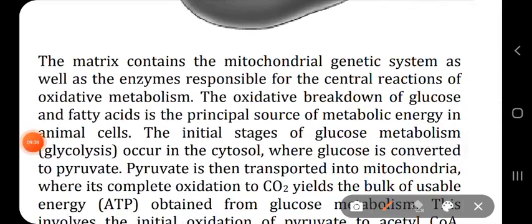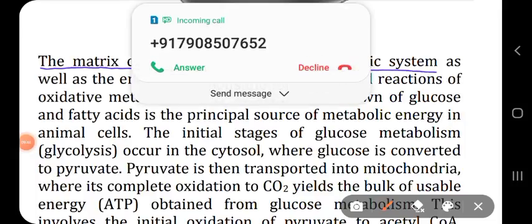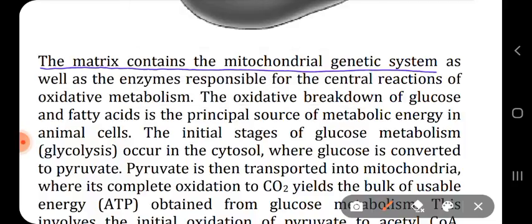So it is saying here that the matrix contain the mitochondrial genetic system. Matrix means the inner part of the mitochondrial membrane. So matrix contain the major mitochondrial genetic system as well as enzymes which are responsible for the central reactions of oxidative metabolism.